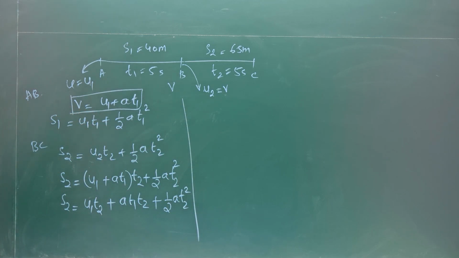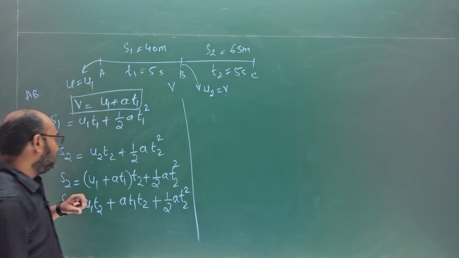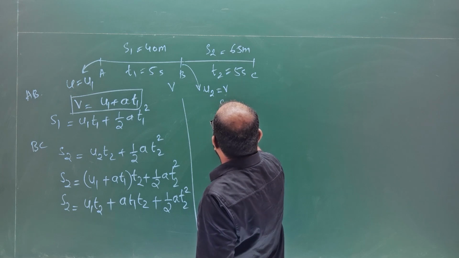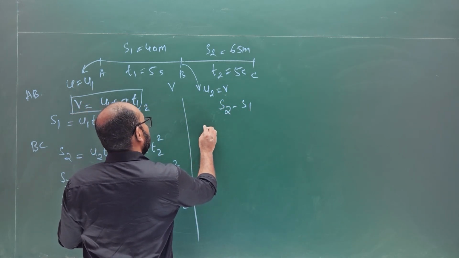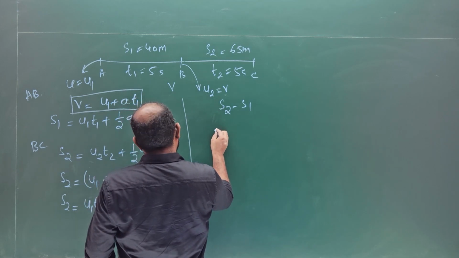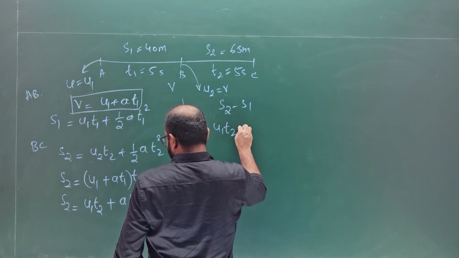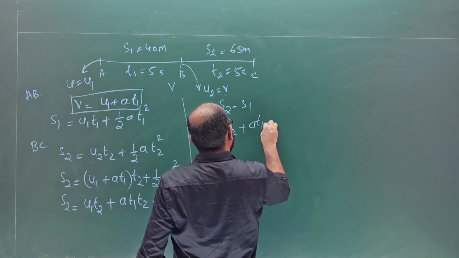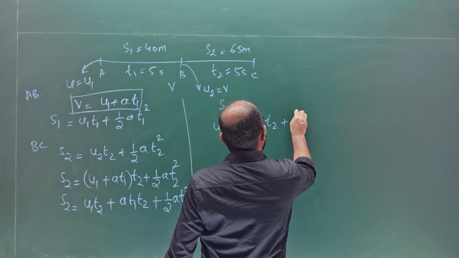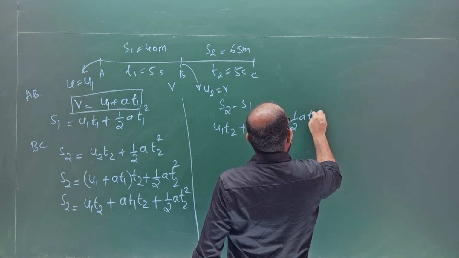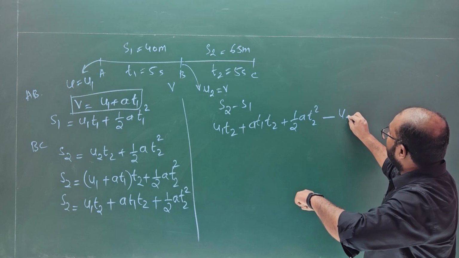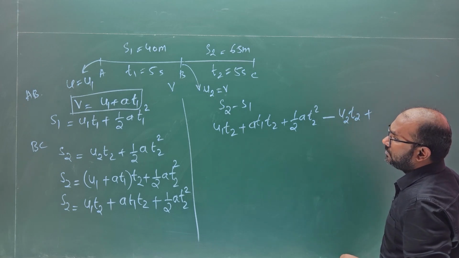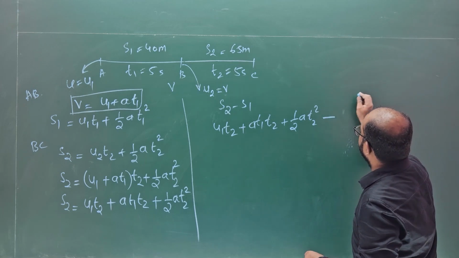Now we need acceleration. To get acceleration, can I subtract S2 minus S1? So S2 minus S1 is U1 T2 plus A T1 T2 plus half of A T2 square, minus S1.